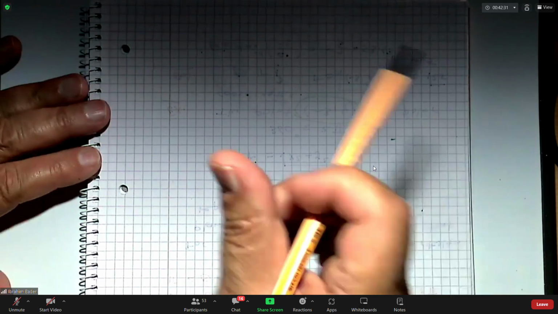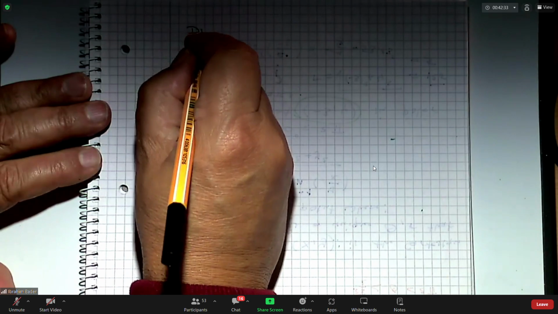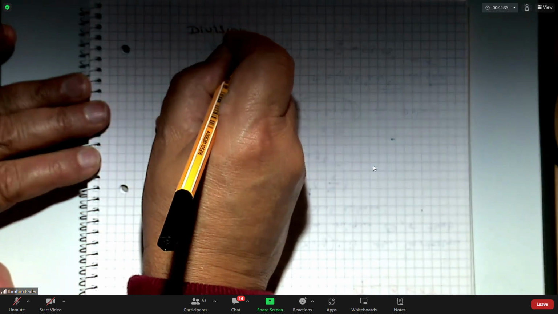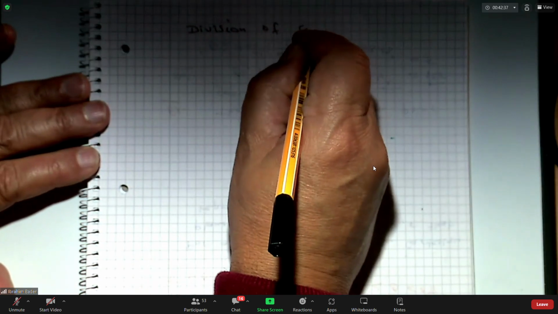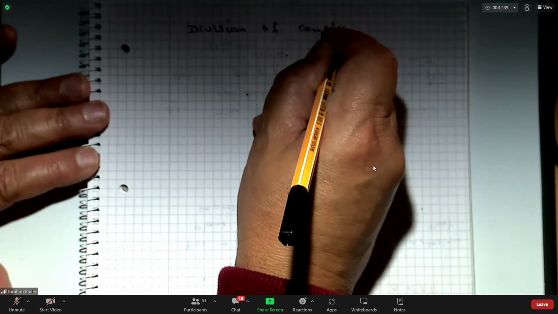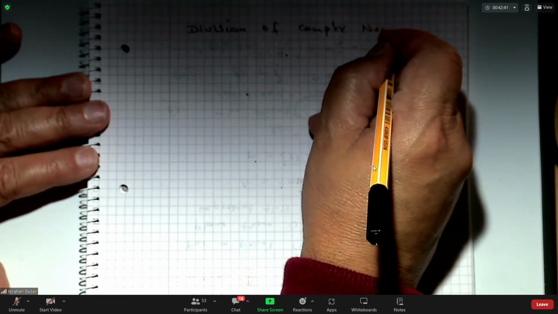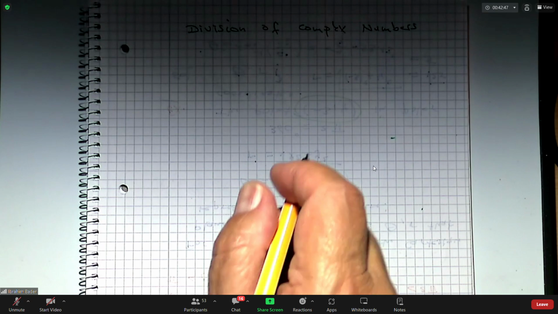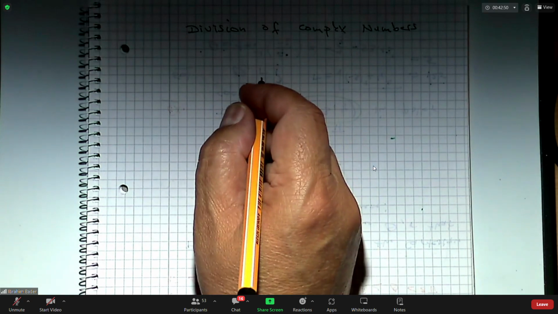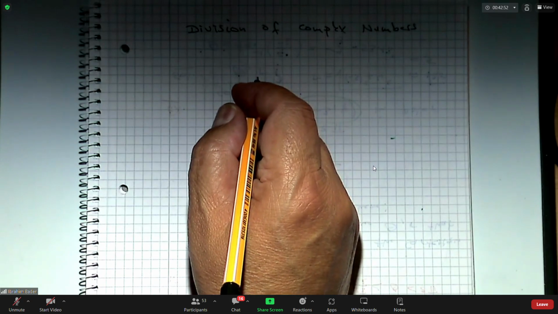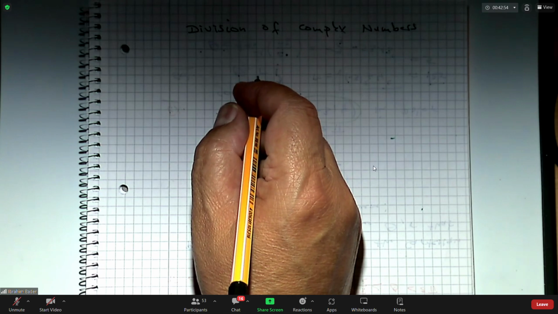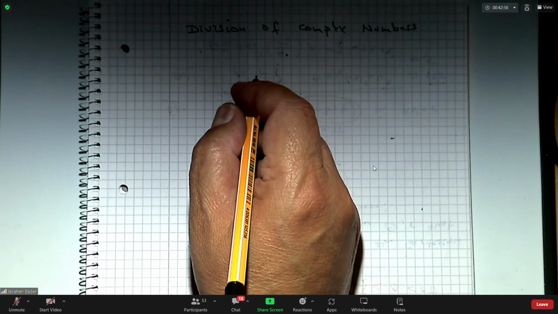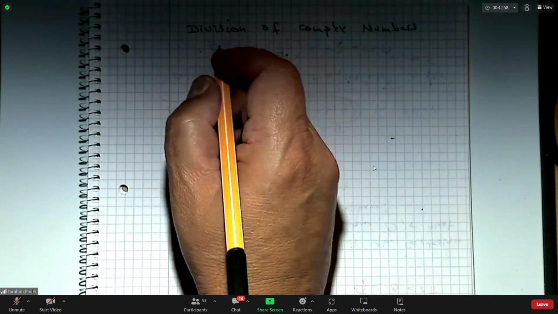Now, division of complex numbers. In division of complex numbers we really have a problem, because in mathematics it doesn't make sense to have i in the denominator.